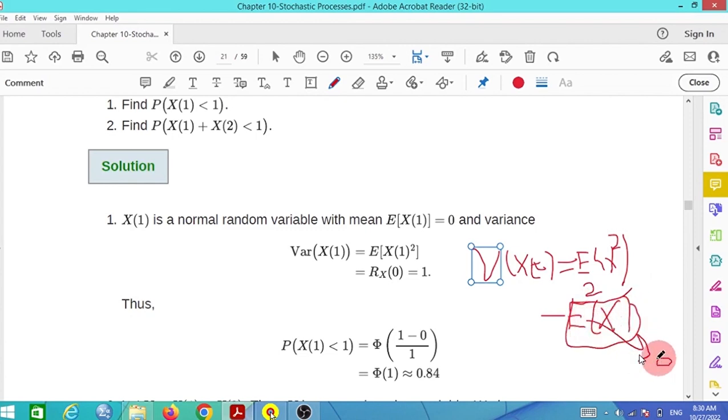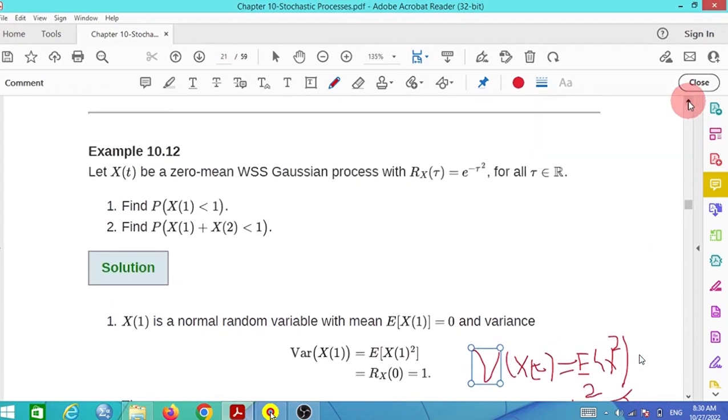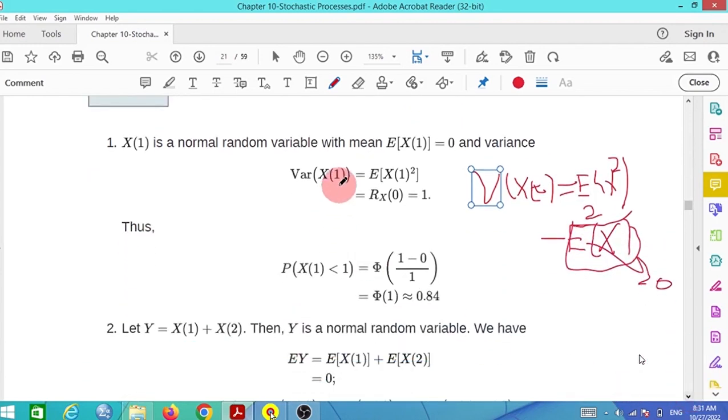So the variance equals the expected value of X squared. By definition, R is the expected value of the product of Xt1 and Xt2. The difference between t1 and t2 is tau, so Rx at 0 is 1.